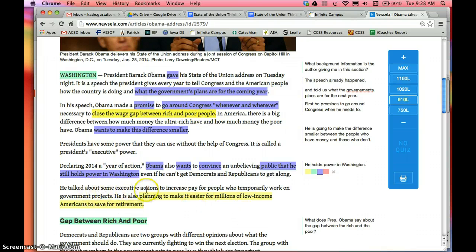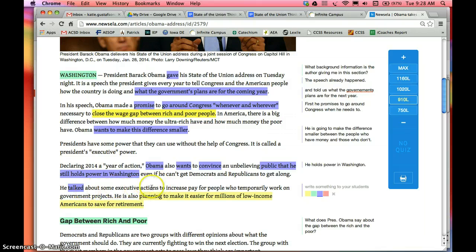He talked about some executive actions to increase pay for people who temporarily work on government projects. He is also planning to make it easier for millions of low-income Americans to save for retirement. So there are two things here that he talked about. The author wants me to know that these are things that he said. He talked about some executive actions.